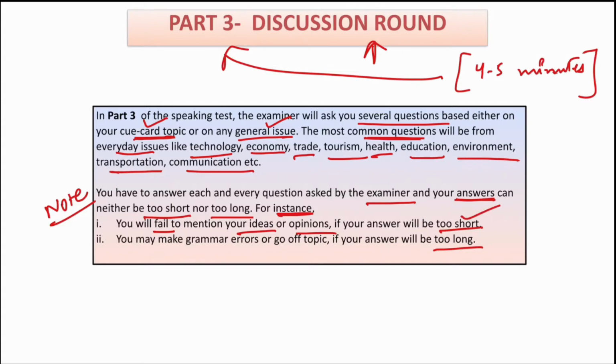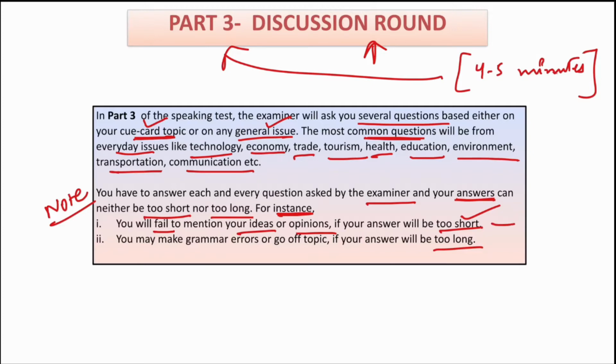Whatever the question is, for example, what are the things which make people successful, if your answer is too short, like there are some things which make people successful, then definitely you are lacking ideas and the examiner is expecting you to speak more. In that case, there will be a deduction of bands.